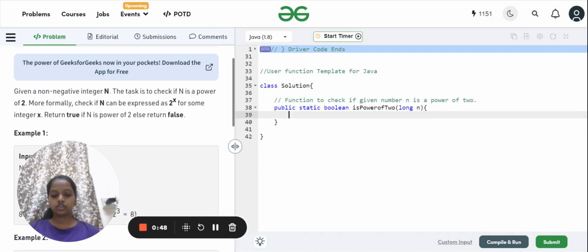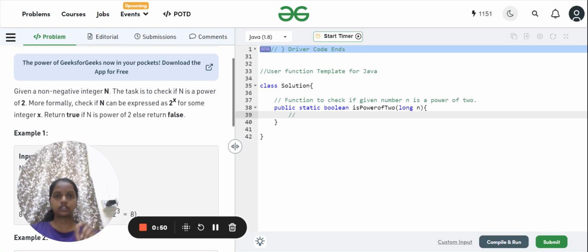Okay, so if we check powers of 2, like 2, 4, 8, 16, in binary representation, 2 will be 10, 4 will be 100, 8 will be 1000, and 16 will be 1 followed by 4 zeros.